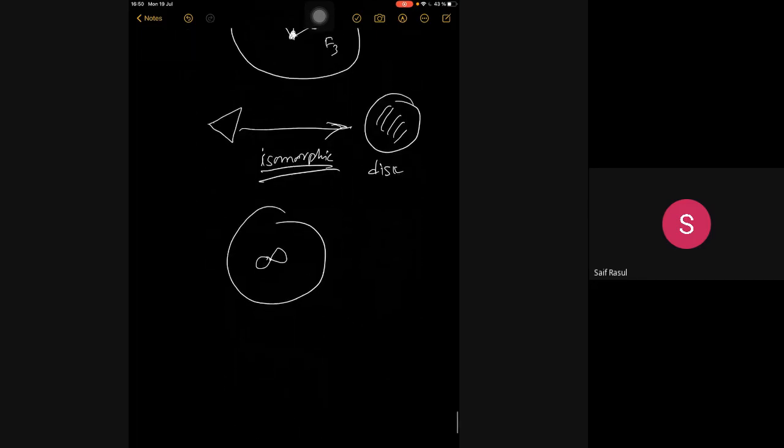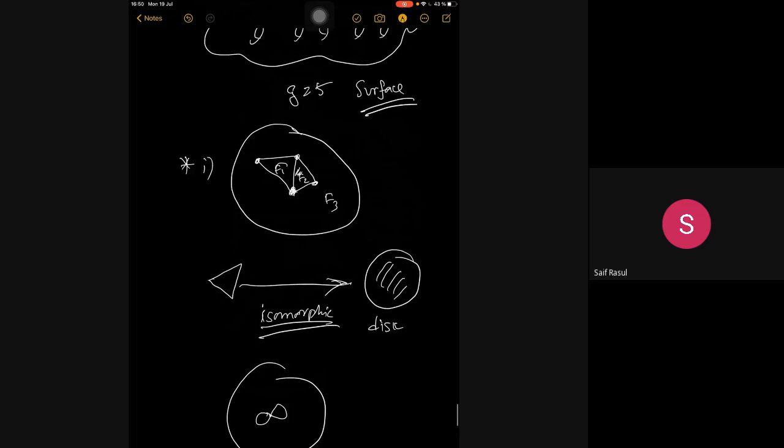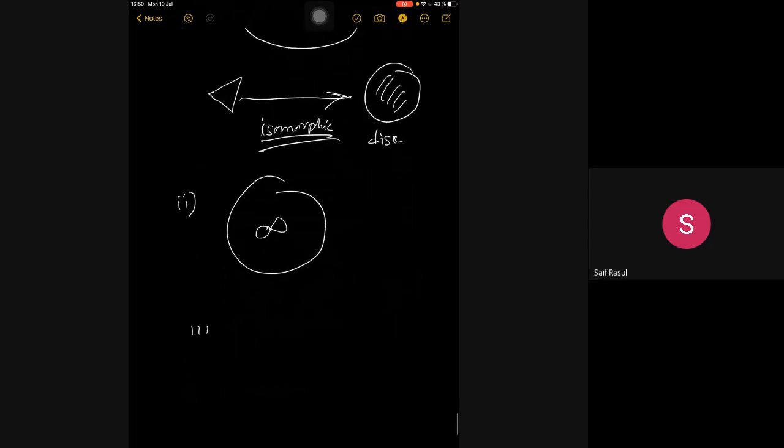But the last point that I want to make is that I can draw this, but this is overlapping and I have to jump over things.